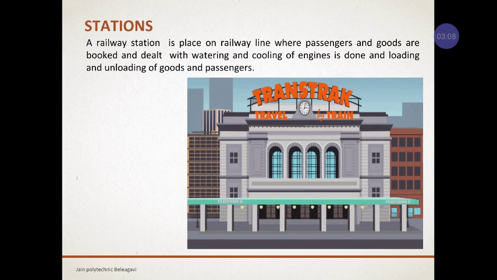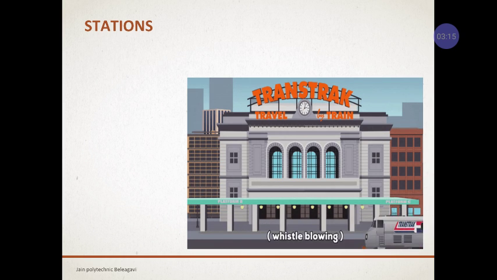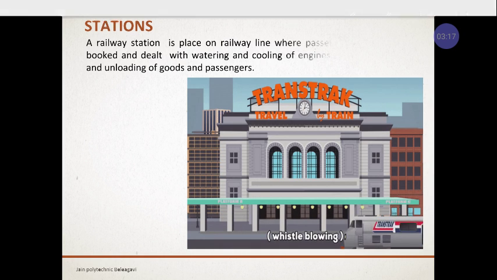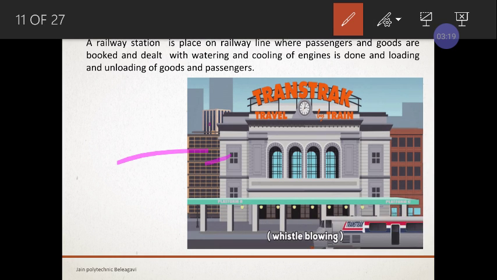That is a place called a station. Like you can see in the image, the train is coming to this station and it is standing at a station, right?